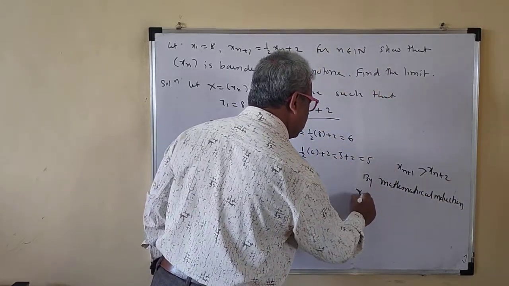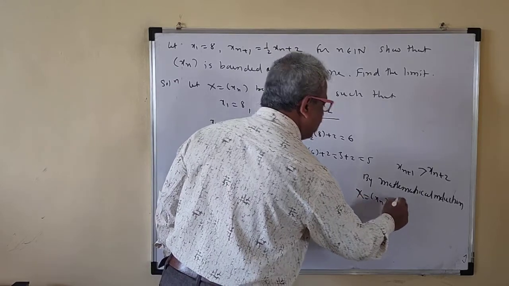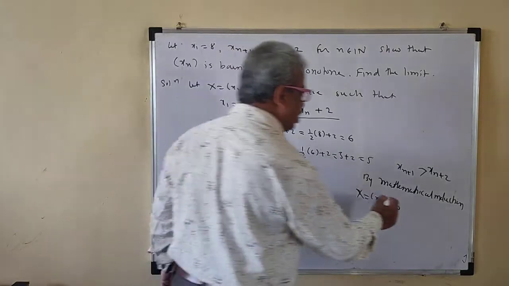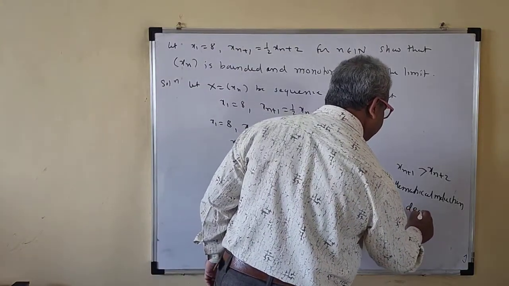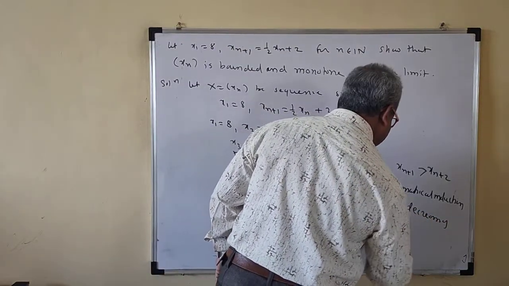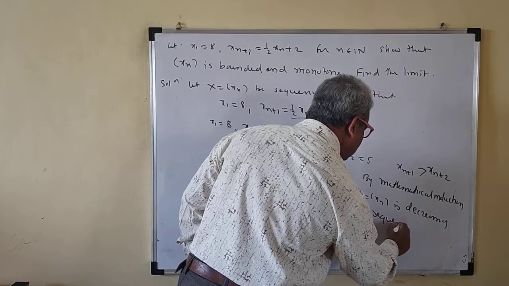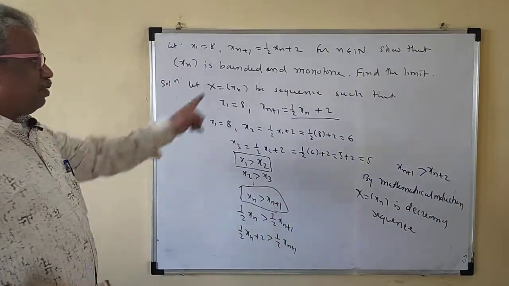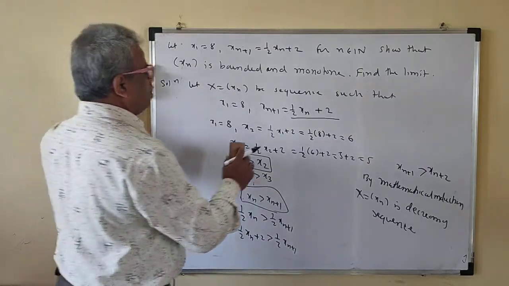xn is a decreasing sequence. So that means we have proved that xn is a monotone sequence.